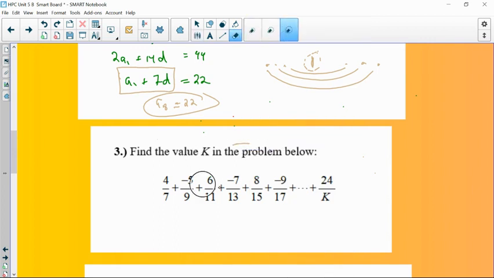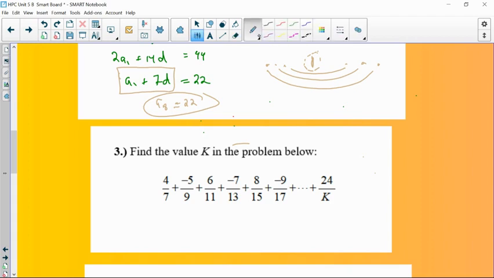So this one, number 3, just to remind yourself, finding the value of k. So the overall terms are not arithmetic, right? Because 4/7 to -5/9 to 6/11 to -7/13, the overall terms themselves are not arithmetic. But there is some pattern to the numerators, and there is some pattern to the denominators.